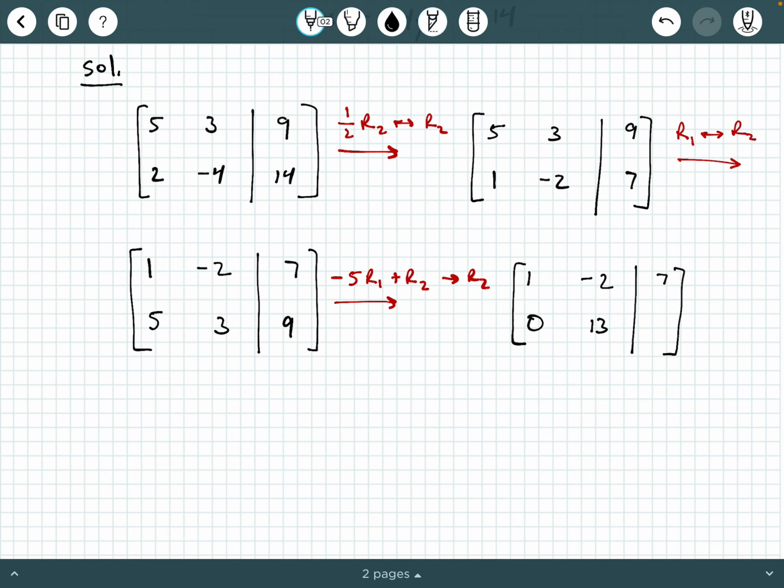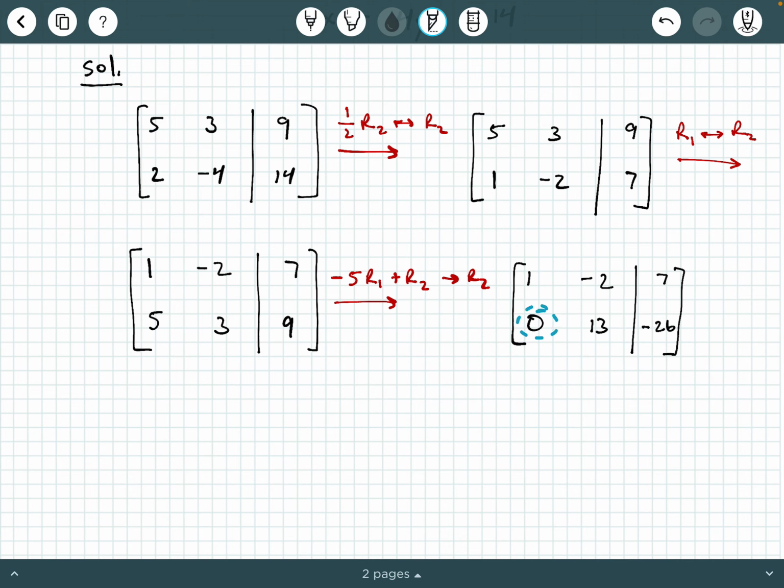And then I've got negative 5 times 7 is negative 35 plus 9. So negative 35 plus 9, what is that? That's going to be negative 26, right? Doing my mental math, yeah, negative 26. Okay, so we're getting there. We've created a 0 in the lower triangle.